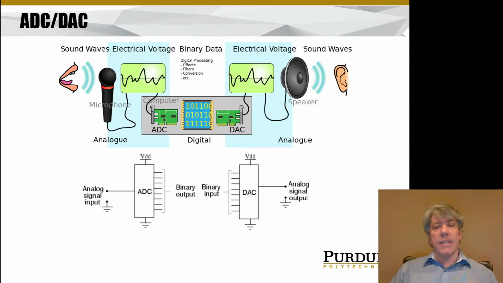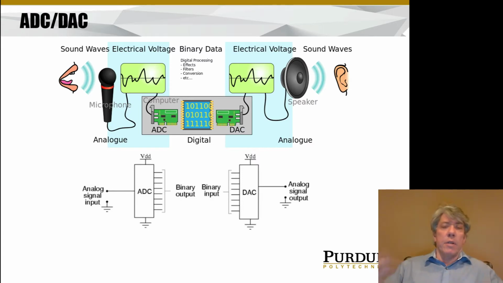And what it does is it takes that varying voltage signal and it measures it. It measures the voltage versus time and records those as numbers representing how far away the diaphragm is from neutral. And that's how it actually records the position of the microphone diaphragm over time.